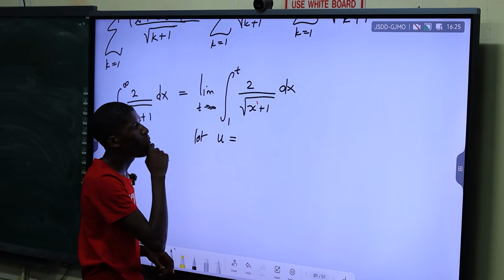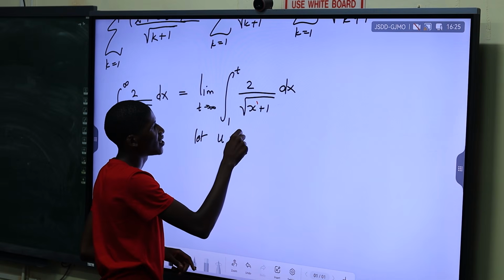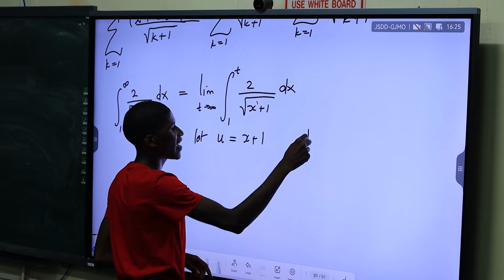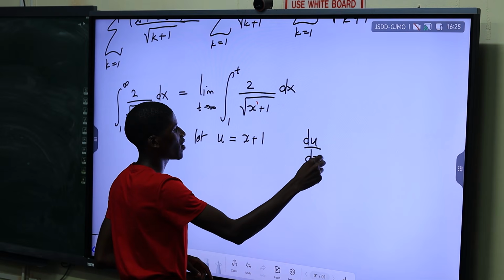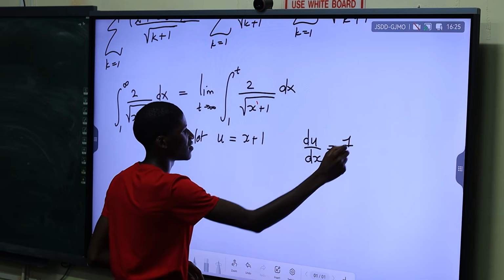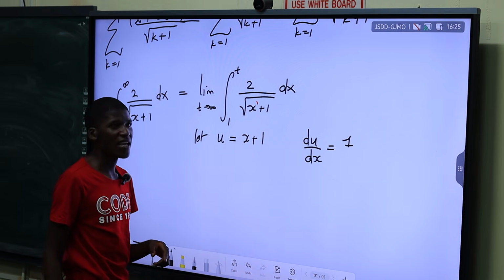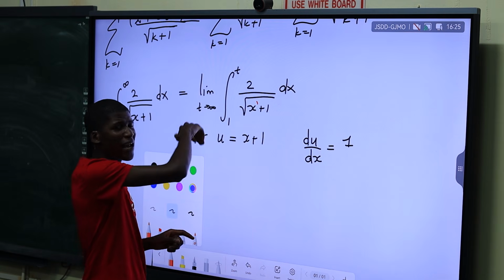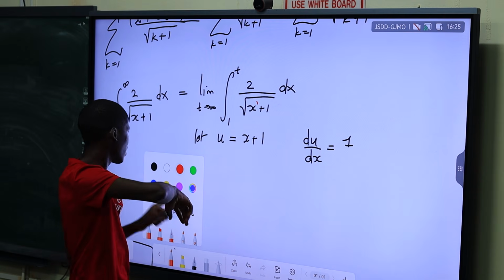So let u equal x plus 1, such that du dx is equal to 1. Since we have the 2 on top, we can take this 2 outside as a constant.